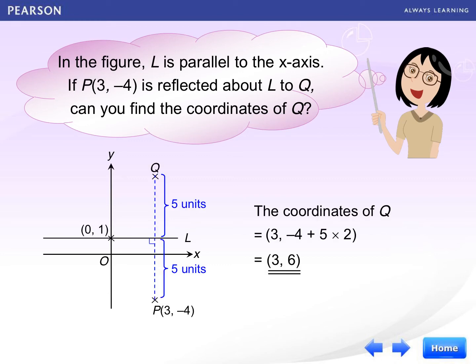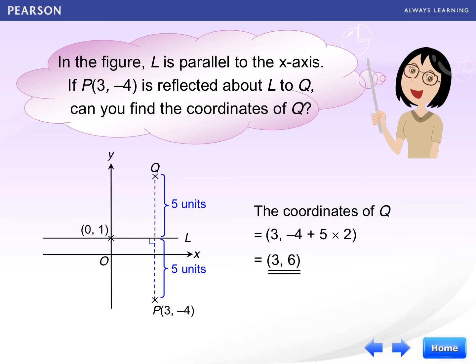First, we have to find the distance between the point P and the line L. Okay, it is 1 minus -4, that means 5 units. Then the distance between Q and line L is also 5 units. Then the y-coordinate of Q will be 1 plus 5 equals 6.